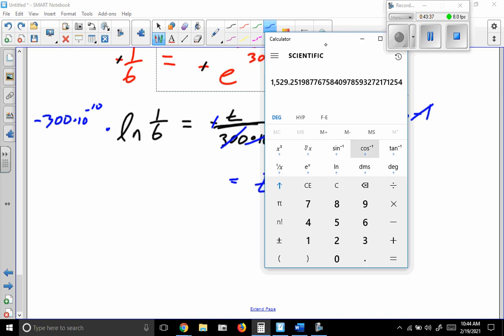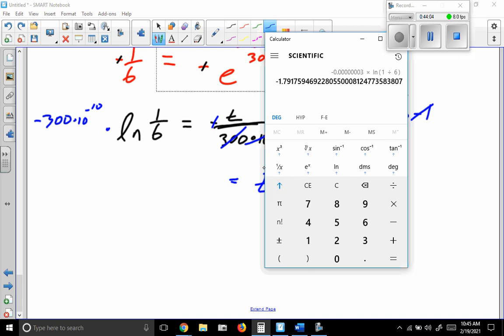On the other side, we're going to have negative 300 times 10 raised to the negative 10, and that's times the natural log of 1/6.